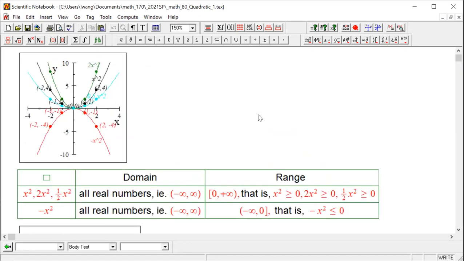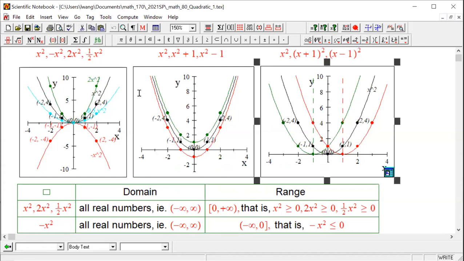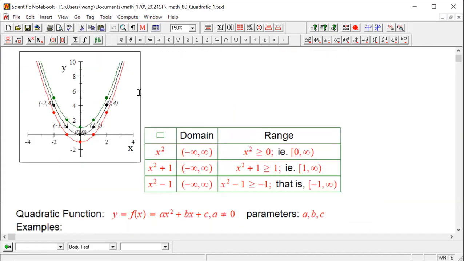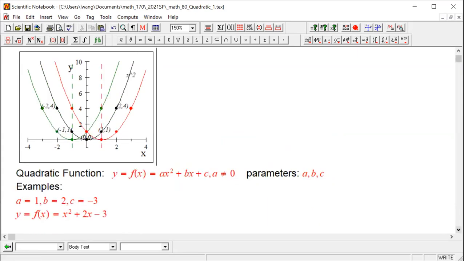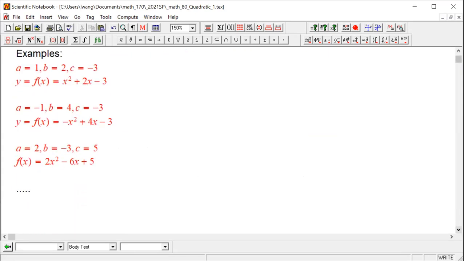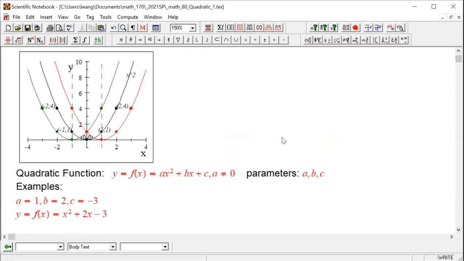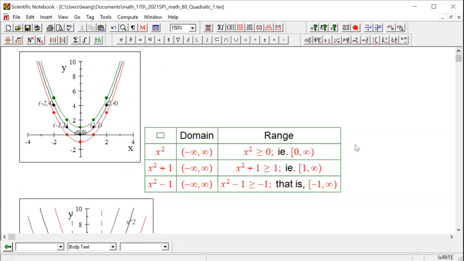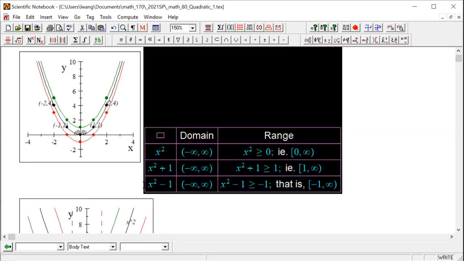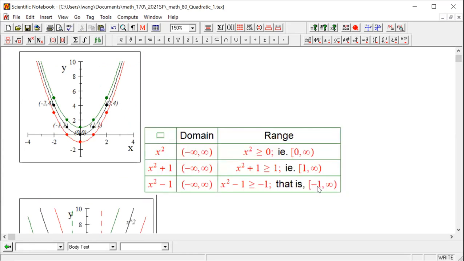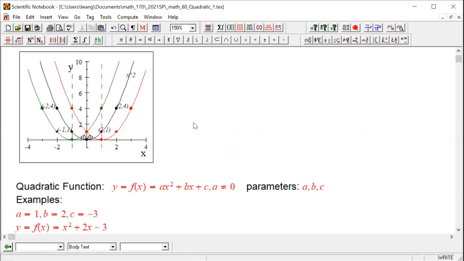Now, the third case we have done before, which is also considering the domain and range. If we consider the domain and range for these functions, let's recognize what these three functions are.